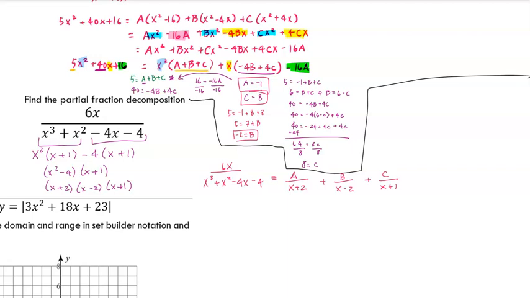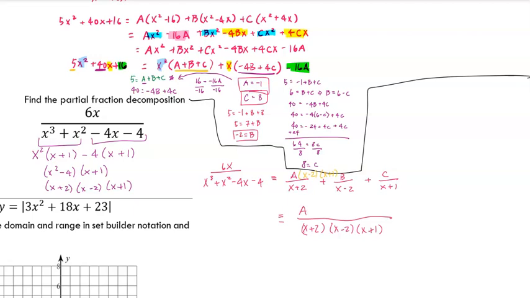Now that's going to be x plus 2, x minus 2, x plus 1. And I need to multiply that by x minus 2, x plus 1.